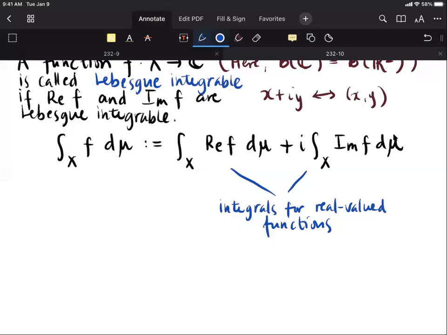Again, the right-hand side consists of integrals for real valued functions, and the left-hand side is the notation for the Lebesgue integral for complex valued functions.